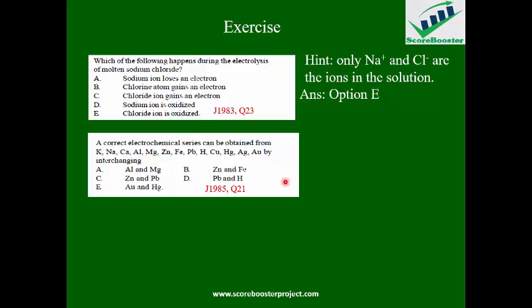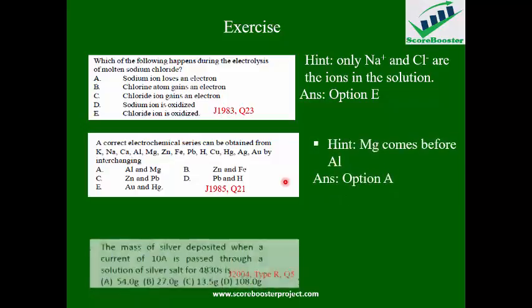Zinc and iron, I think they are not. Hydrogen and lead, they are correct like that. Gold and this, they are correct because gold is the last. Zinc and lead are correct like that. It is only aluminium and magnesium; if you put magnesium first then aluminium, there is going to be a correct order, although you are not expected to cram it.